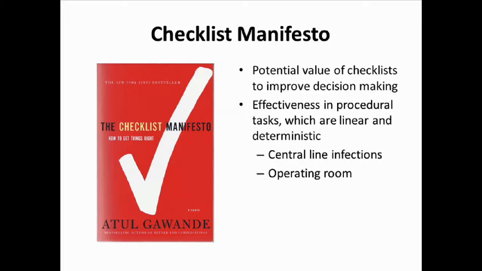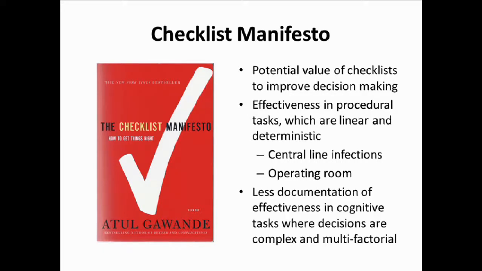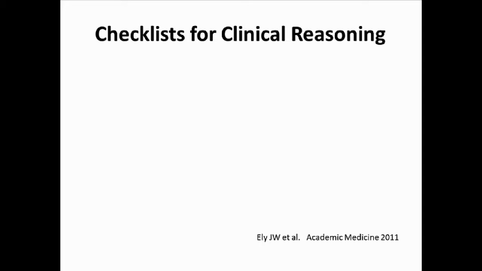It's been well documented that checklists have been used effectively in medical settings to reduce central line infections and in the operating room. But what's less well known is whether these same processes can be used effectively for more complex medical decision-making and for the cognitive processes that we're talking about today. But it's reasonable to wonder whether you could apply these same principles in that setting.